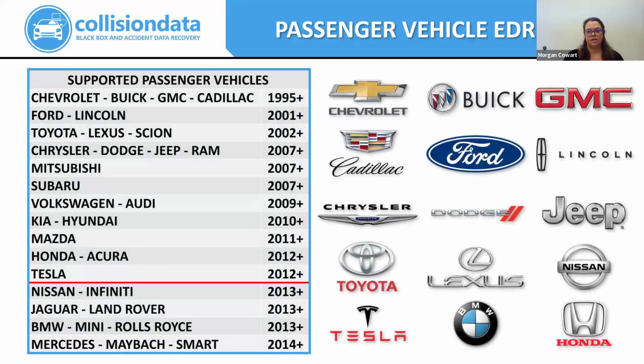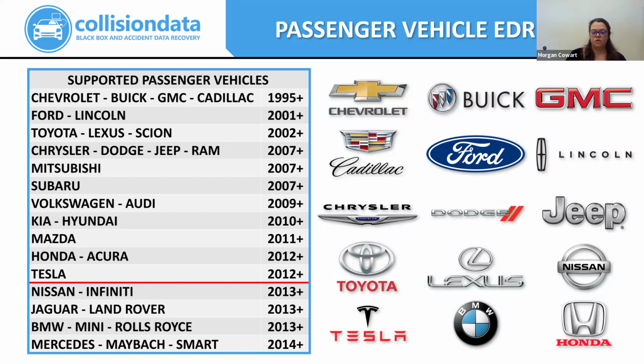So I mentioned that there's over 200 million vehicles on the road that have the capability to record and store black box data. As you can see here, going all the way back into the late 1990s, Ford, Lincoln, Chevrolet, GMC, Buick, they all are going to give you some sort of data going back that far.